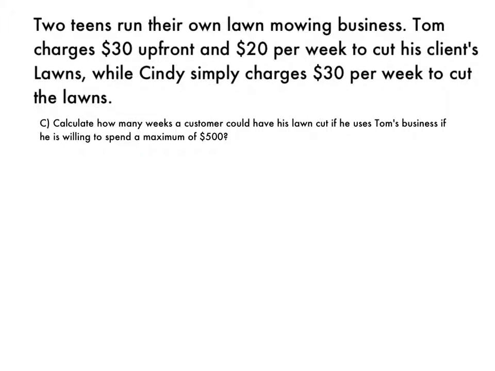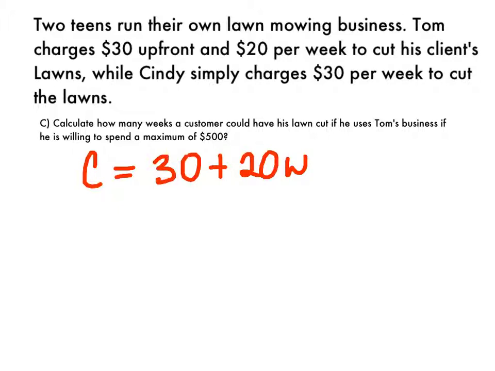Okay, this question's asking, if a customer is willing to spend a maximum of $500 and he wants to use Tom's business, how many weeks could he have his lawn cut? So since Tom's business had that equation C equals 30 for his initial cost plus $20 every week the lawn's cut, we need to consider the fact that 500 represents our cost that we're willing to spend.